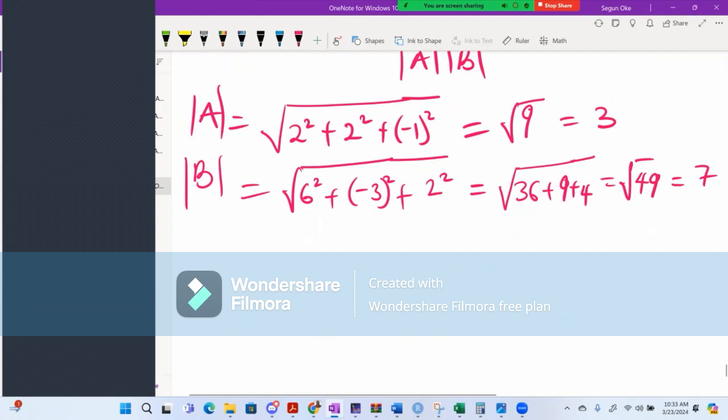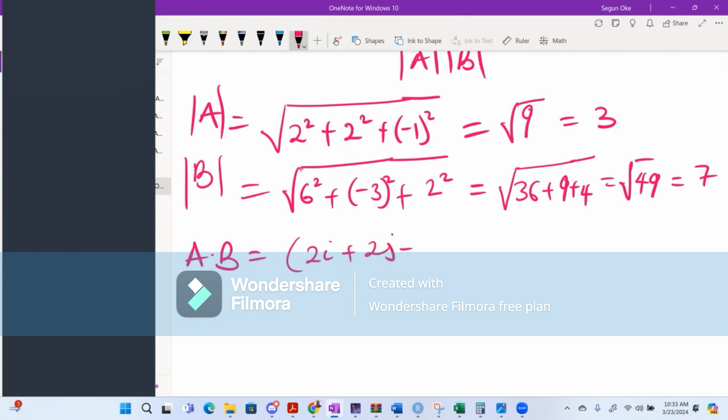Now, let's look at A dot B itself. A dot B is what? Remember, A dot B will be 2I plus 2J minus K dot 6I minus 3J plus 2K.